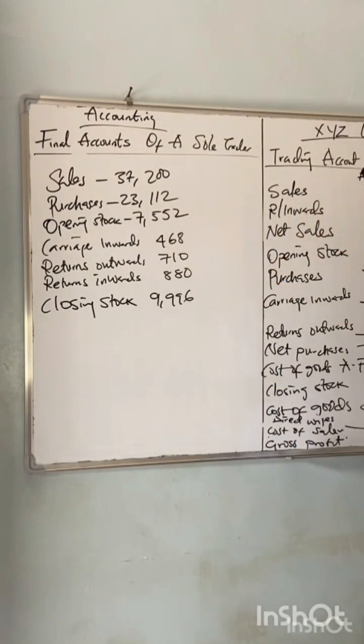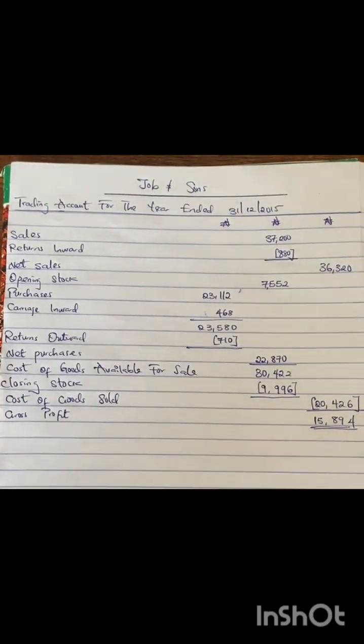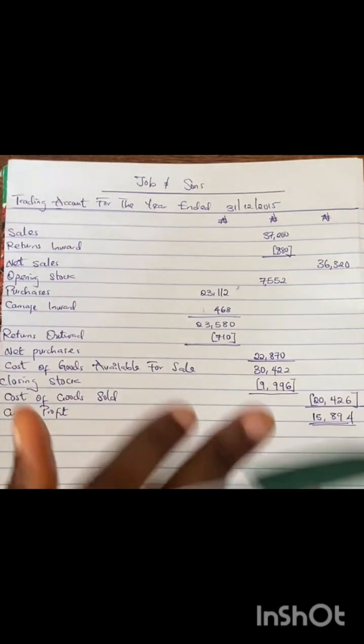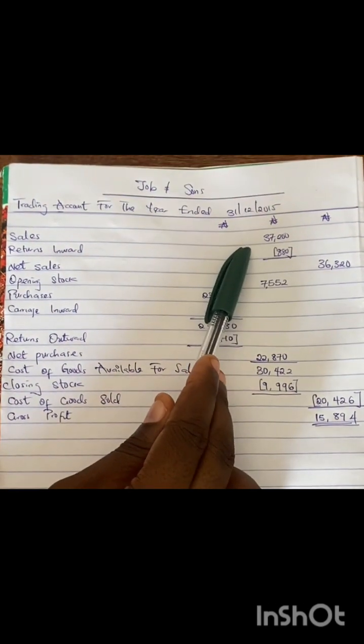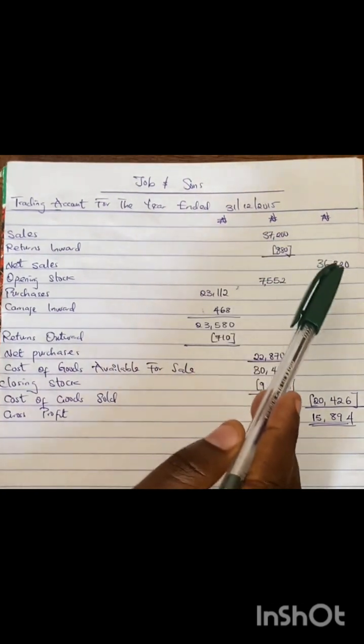I'll just be erasing this quickly so that it will be easier. So we're using the information given, and as you can see, we have used that information to prepare a trading account. We just used the same format. Then we made entries for sales as it was given, and then we less our returns inward to get our net sales.